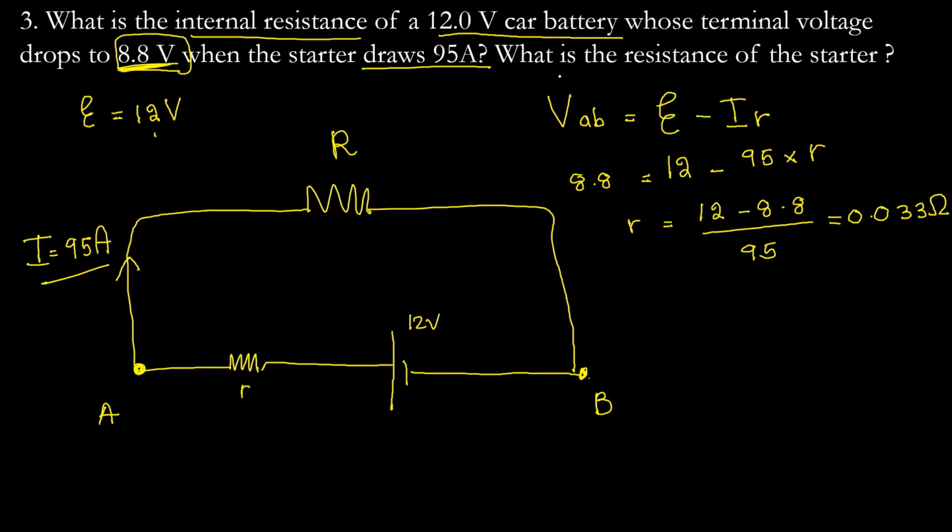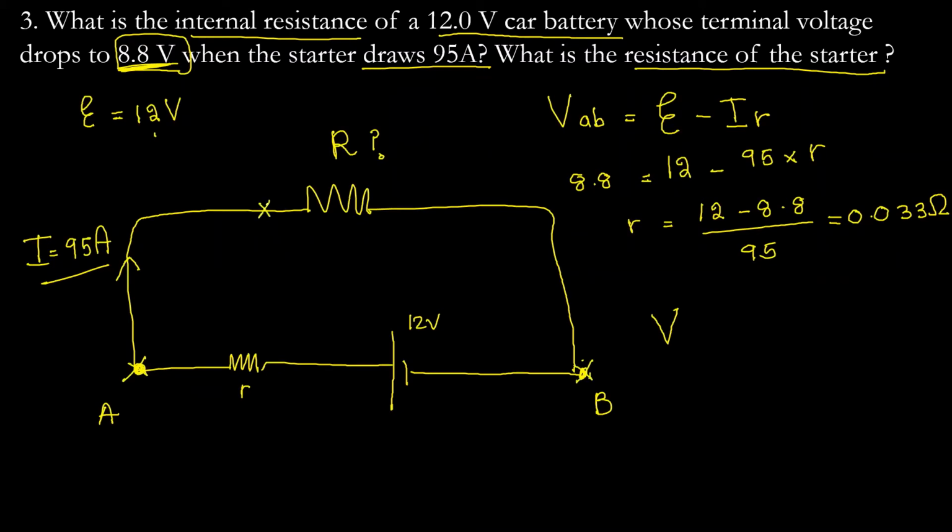In the next part of the problem, they are asking what is the resistance of the starter. So to find this resistance, we can use Ohm's law, right? We know Ohm's law gives you the voltage drop across a resistor. So the voltage drop across this resistor is VAB. So those are the voltages at the two ends of your resistor. Why?